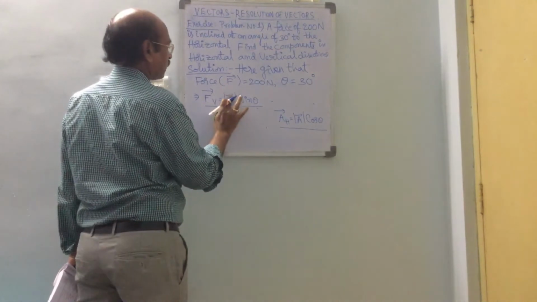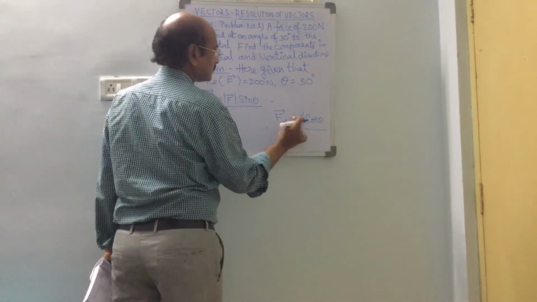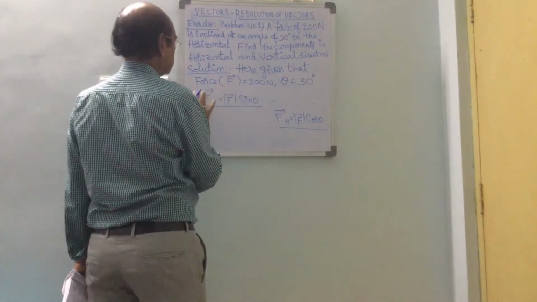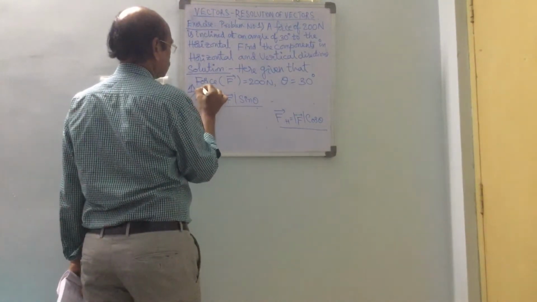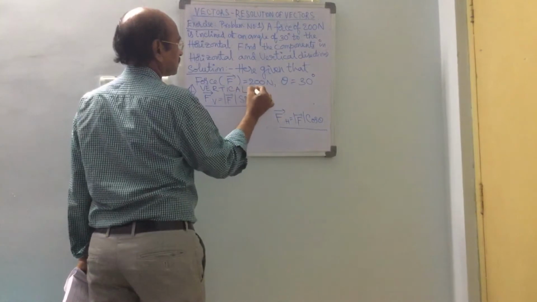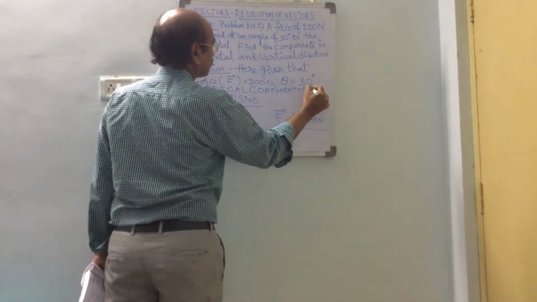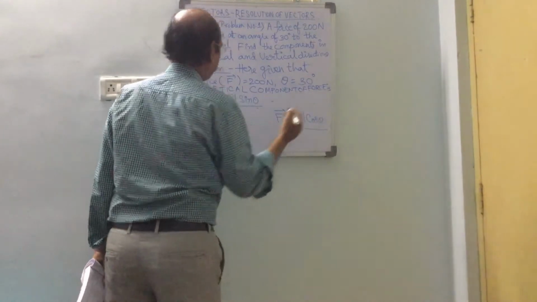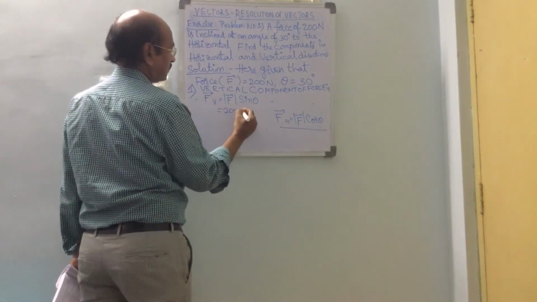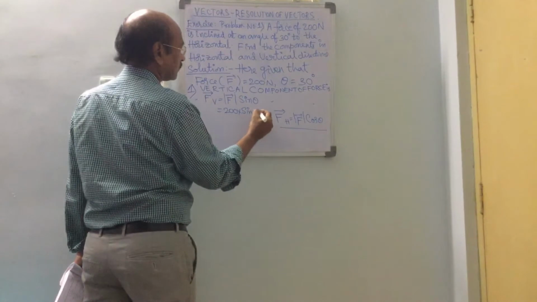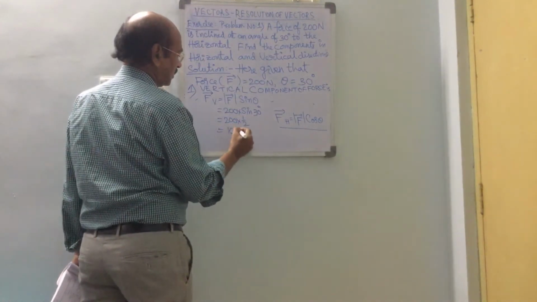So here the vertical component is given by F bar V is equal to F bar sin theta, that is 200 into sin 30 degrees, that equals 200 into half, that is 100 Newton.